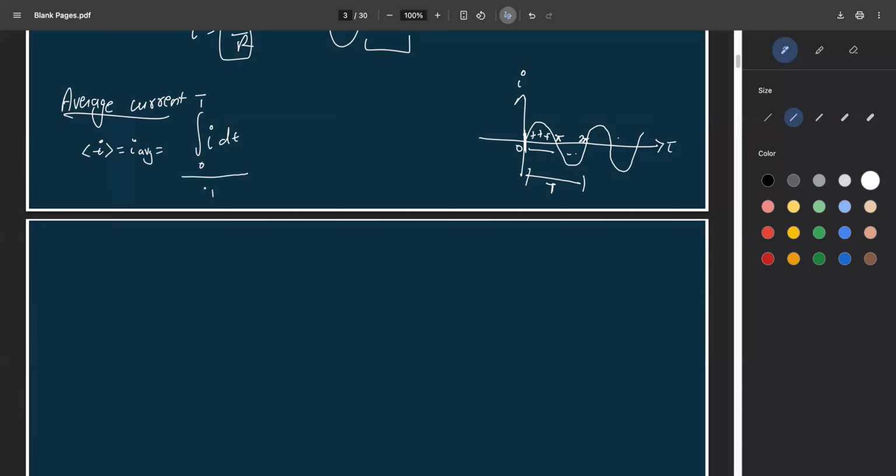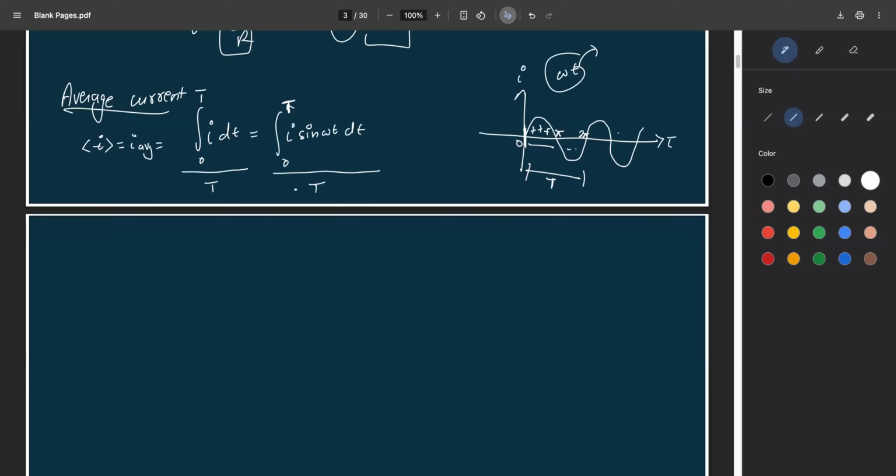So you can simply say I sin(omega t) dt, going from 0 to the complete time period T. Time period T, because omega t is there and time is changing. So the average comes out as I as it is, and if you integrate sine, it becomes negative. Put in the limits, 0 to 2 pi. Let's see what I'm going to get.